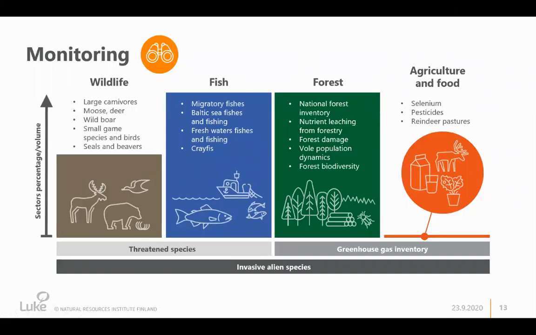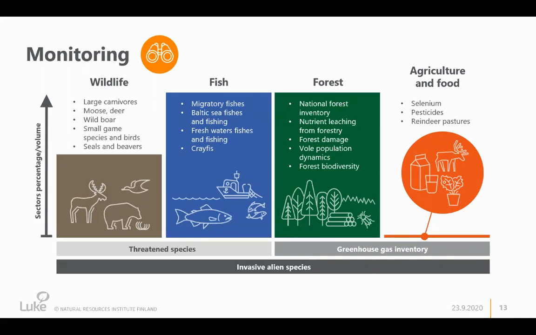Here is a separate slide also about these monitorings. And this is especially interesting in my opinion because these monitorings actually bring quite many different challenges for the method experts. I already mentioned these wildlife monitorings. There are the large carnivores, wolves and so on, moose monitorings.